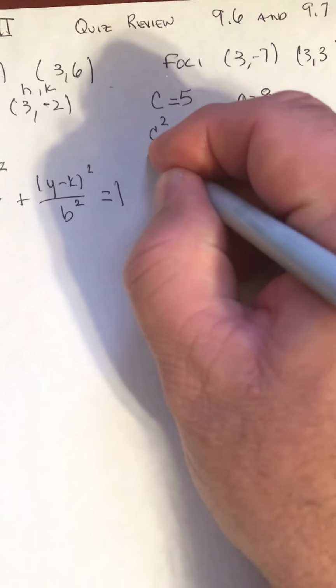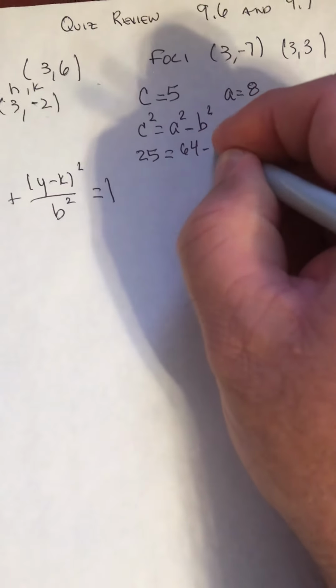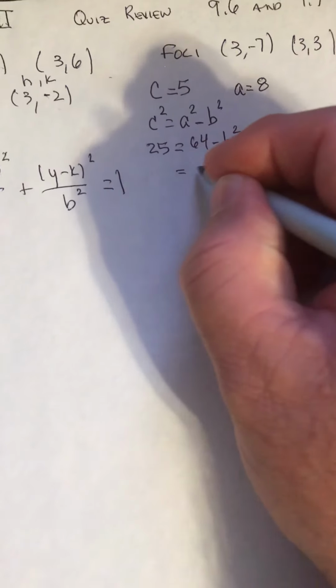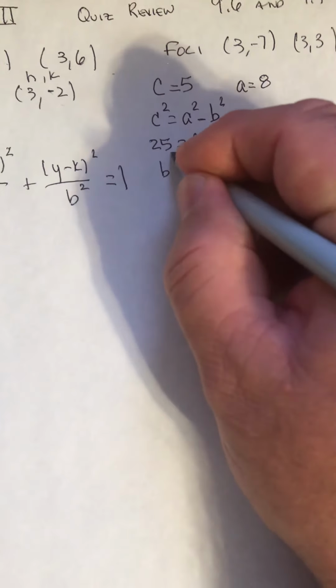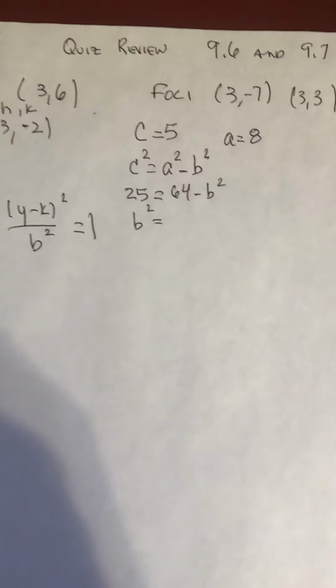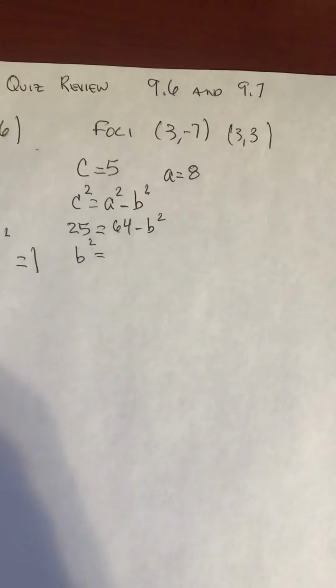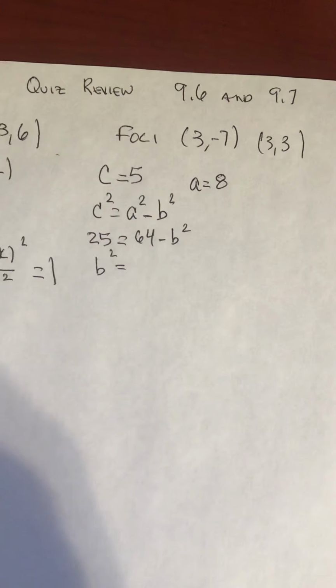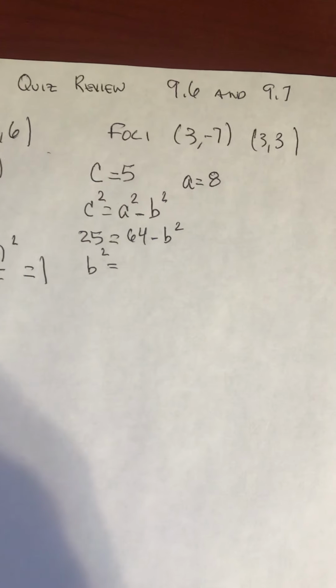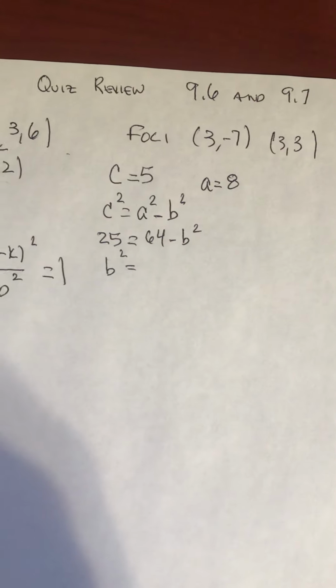I put in 5 for C, get 25. I get 64 minus B squared. B squared equals 64 minus 25. That's 39.